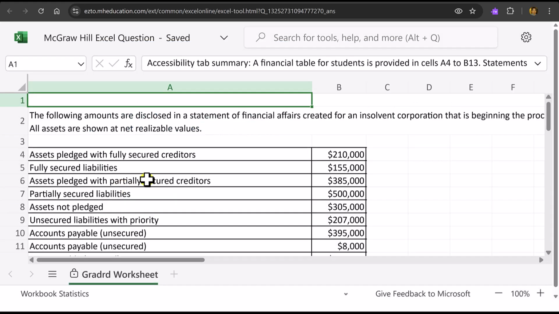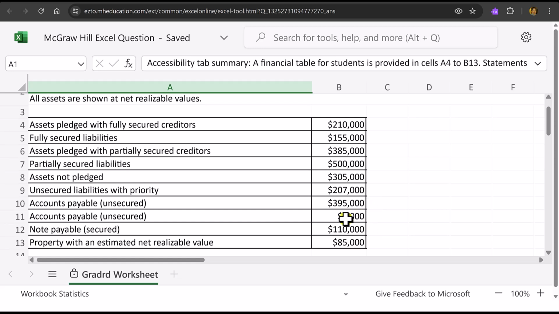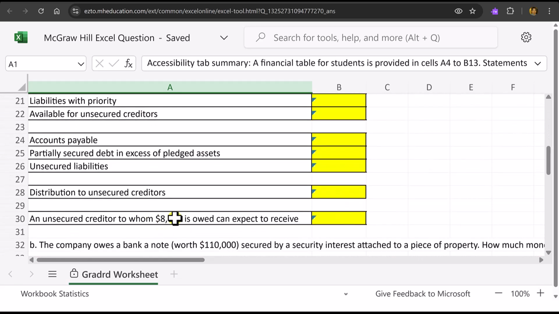Okay, so same numbers over here, but again, the labeling is a little bit confusing. So this 8,000 of accounts payable is already included in this 395,000 figure. And again, we're going to be using this 8,000 as described way down over here.